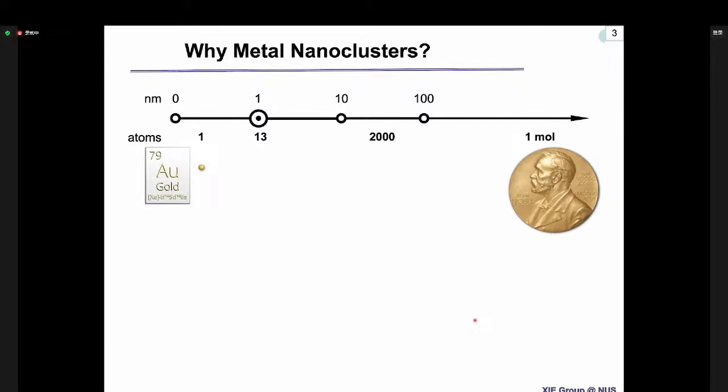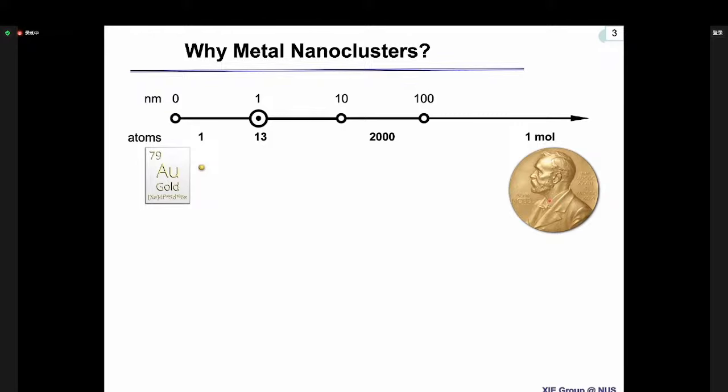Simply because they have very unique physical, chemical, and biological properties. I will just give you one example. Metal materials have what we call size-dependent properties, for example size-dependent optical properties. We all know this, right? The Nobel Prize is about gold, and gold is yellow.